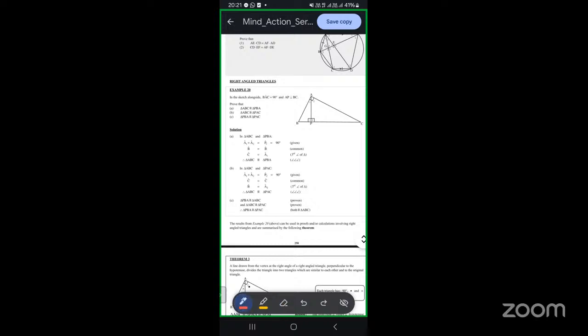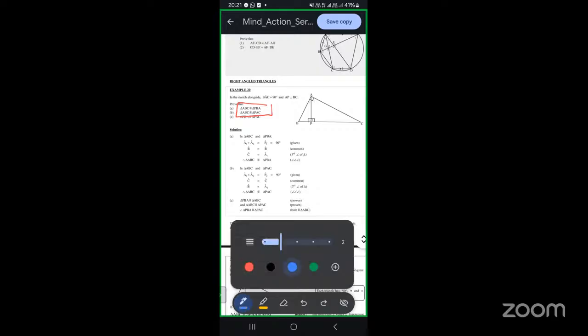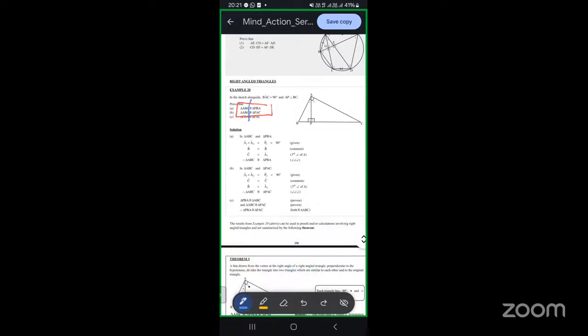When you look at numbers A and B, the parts we were proving, both triangle PBA is similar to triangle ABC and triangle PAC is similar to triangle ABC.